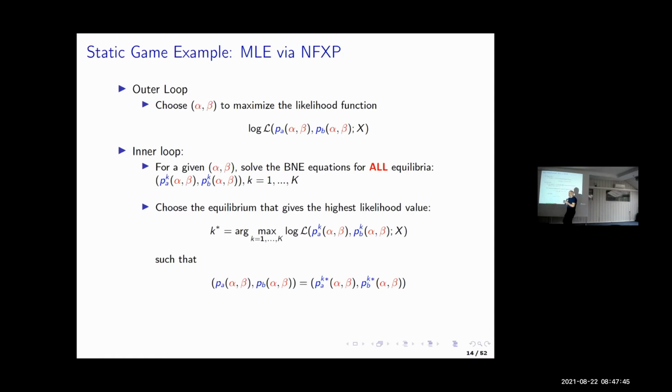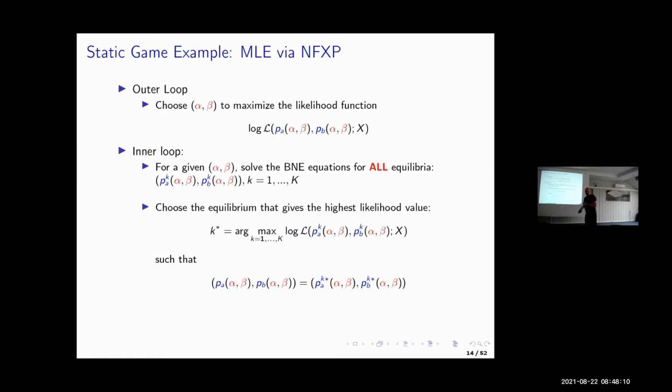Sometimes there's a unique equilibrium. This depends on parameters. For example, if there's zero dependence on whether the other firm is in the market, you have a unique equilibrium. It's not very contestable. So what we do is choose the equilibrium that gives the highest likelihood.